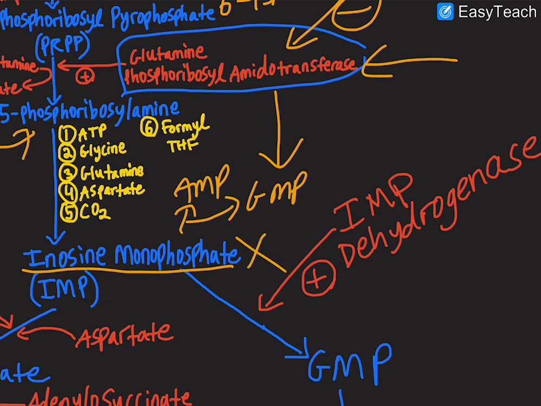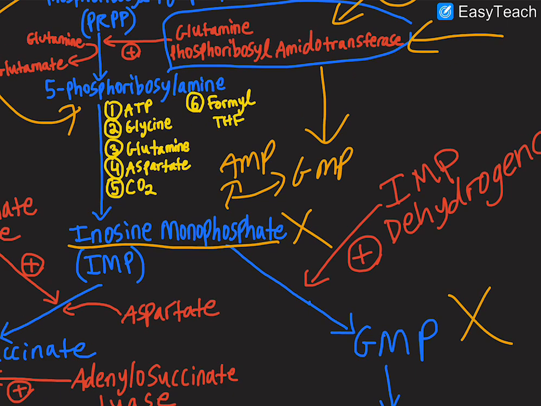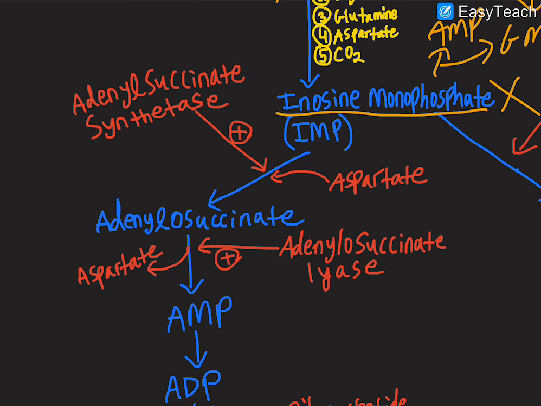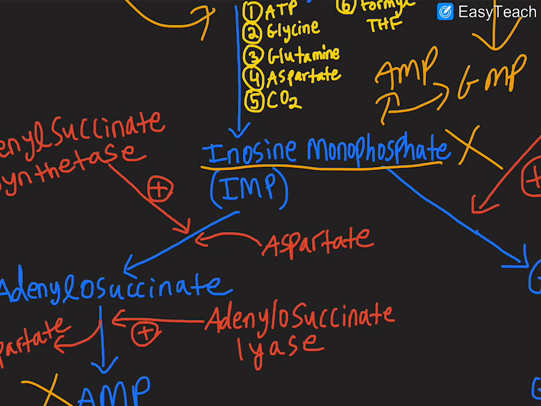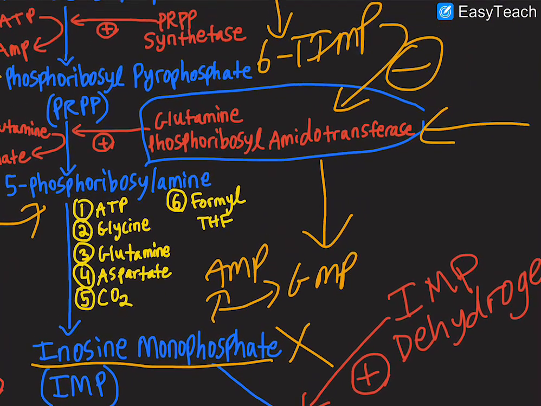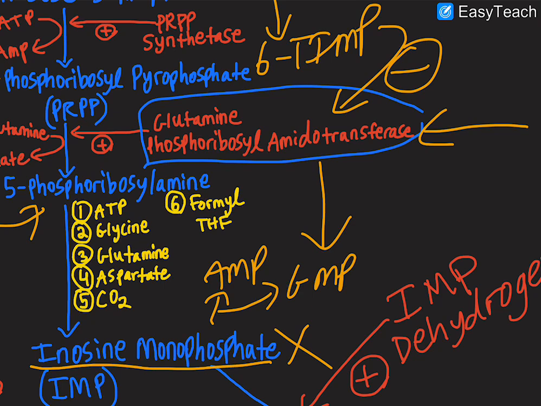If you can't make IMP, you can't make GMP and deoxy-GMP, or AMP and deoxy-AMP. So that's how 6-mercaptopurine and azathioprine inhibit glutamine phosphoribosyl aminotransferase. So that's how they participate in inhibiting purine synthesis, okay?